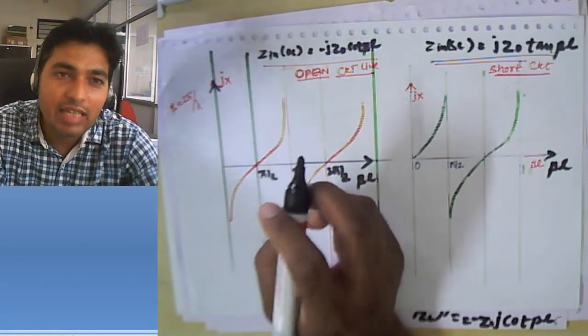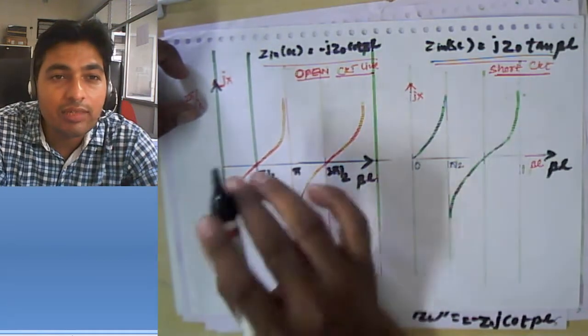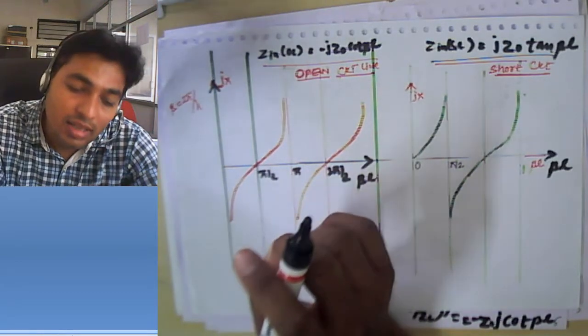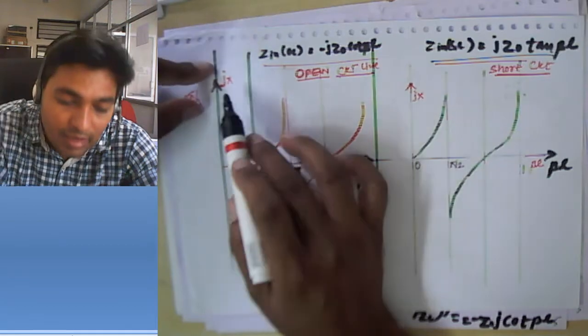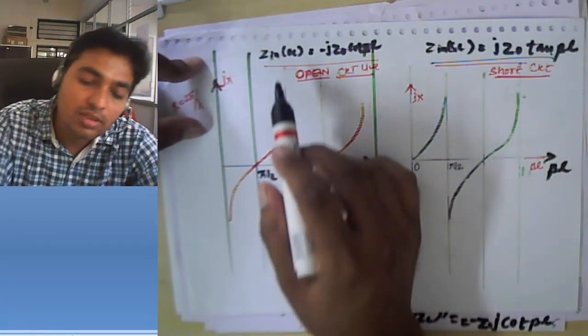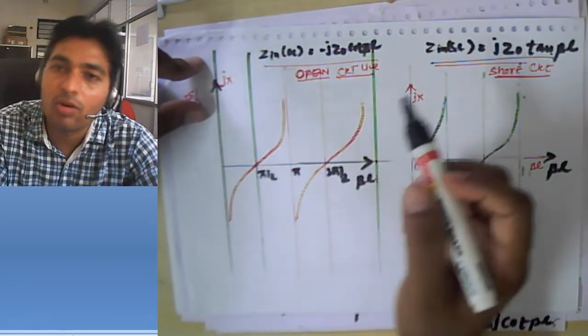We can design any circuit with such imaginary impedance using a transmission line.